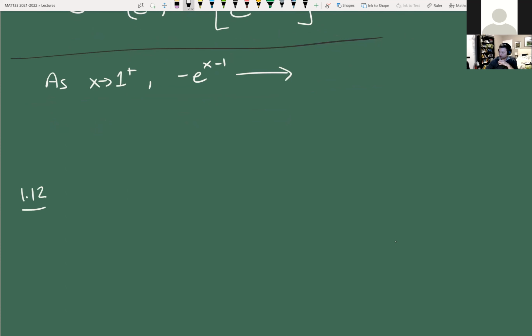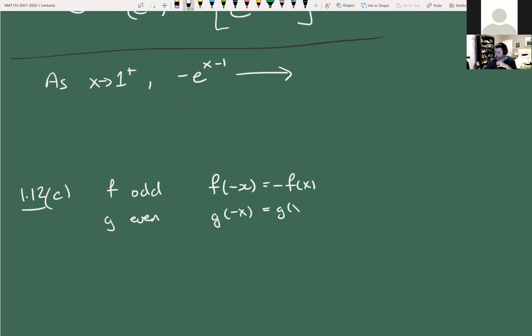So for 112, let's maybe do C or something, right? So we know F is odd, right? Let's remind ourselves what that means. That means that this is true. And we know that G is even. So that means G of negative x equals G of x.